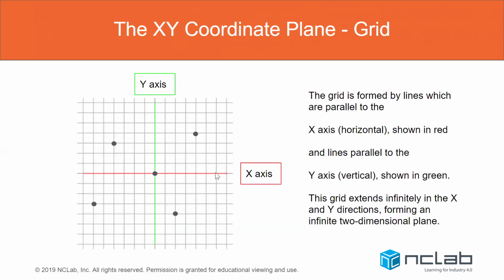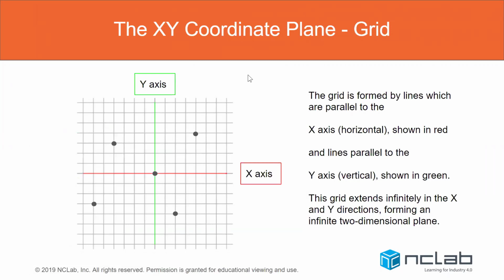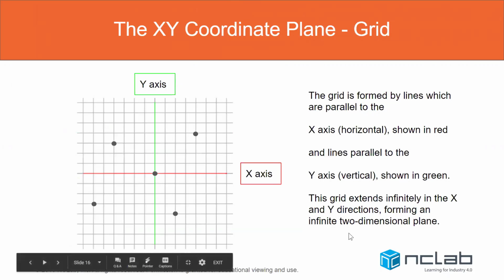But grid intervals, of course, can change depending on what you're trying to do. It does extend infinitely in the x and y directions, so that forms an infinite two-dimensional plane. In real life, of course, we restrict the limits, or we might have trouble running our calculations.